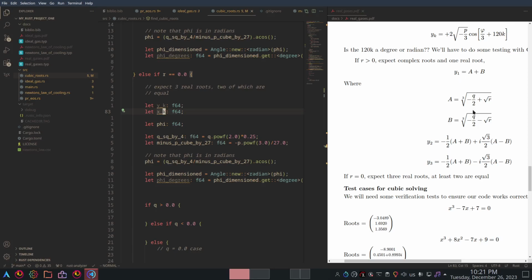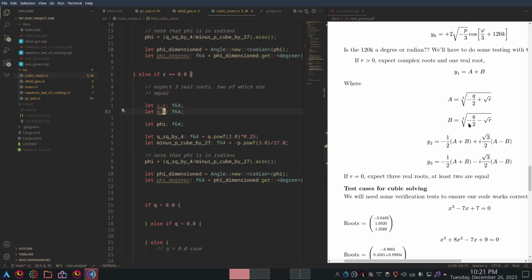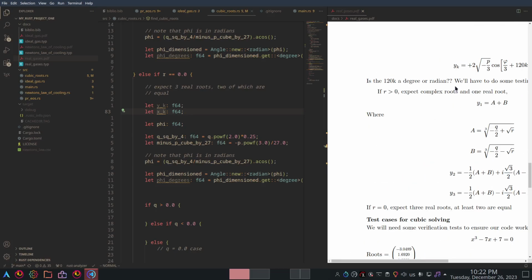For the case r more than 0, or r equals 0, we will not really need to sort things out by q, as you can see here. We will need to actually calculate a and b. So let's calculate a and b.